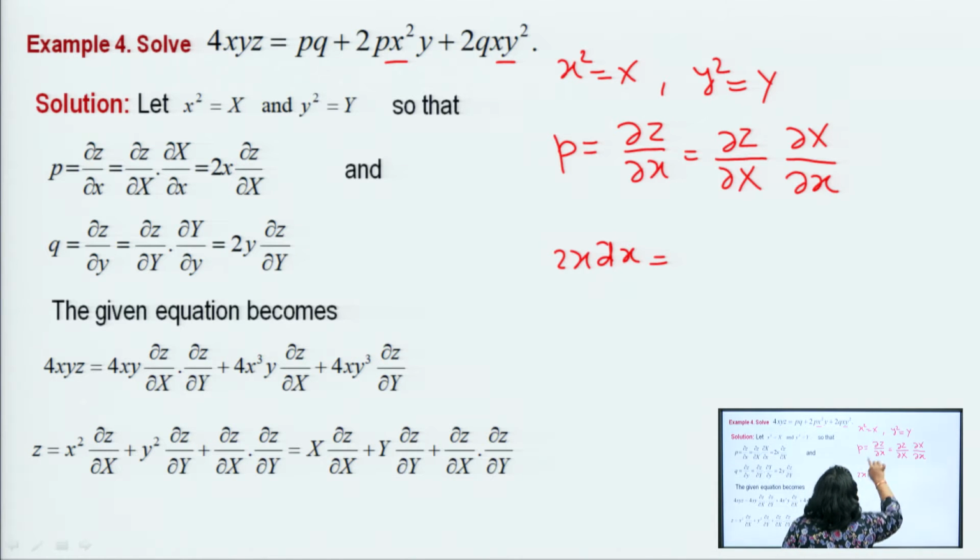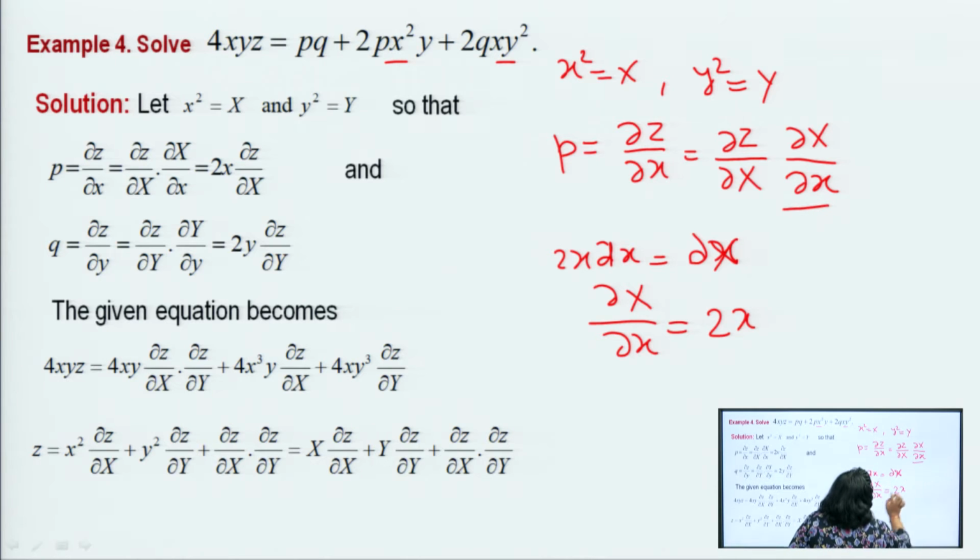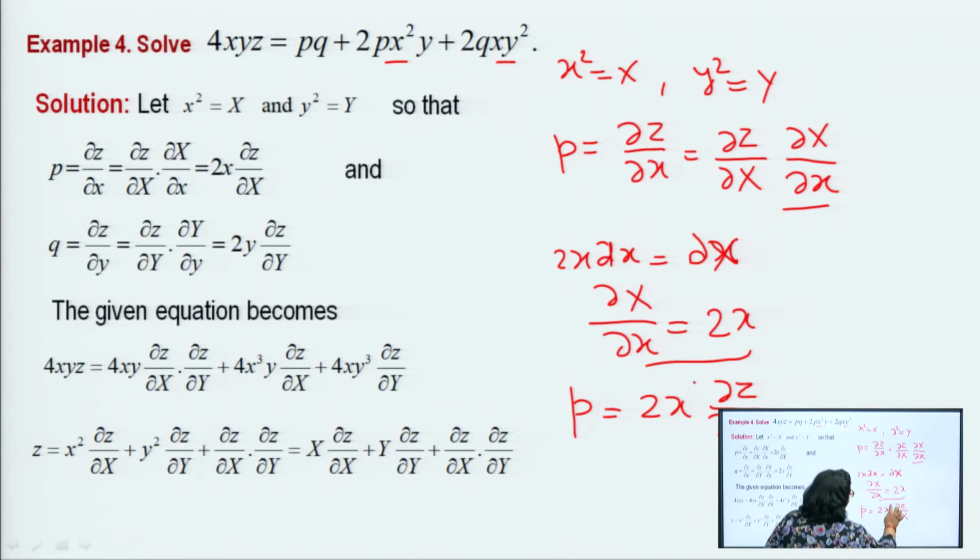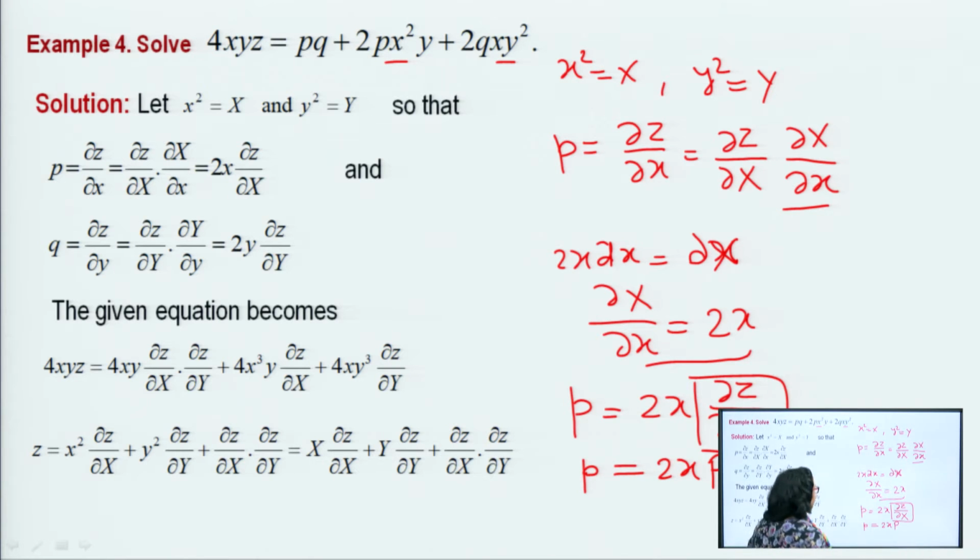So we get p is equal to 2x del z upon del capital X, and we assume that del z upon del capital X is capital P. That means small p is equal to 2x capital P. In a similar way we find the value of q in the form of 2y capital Q, and putting the values of p and q in this equation.